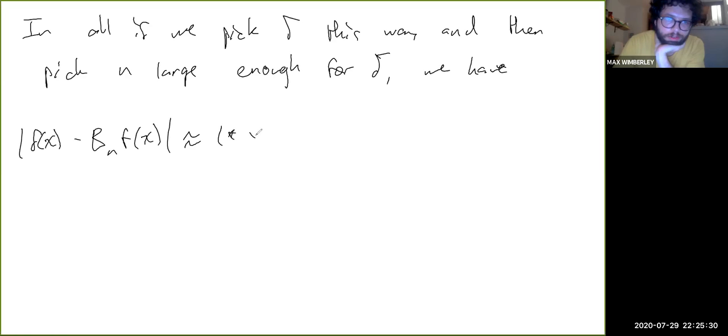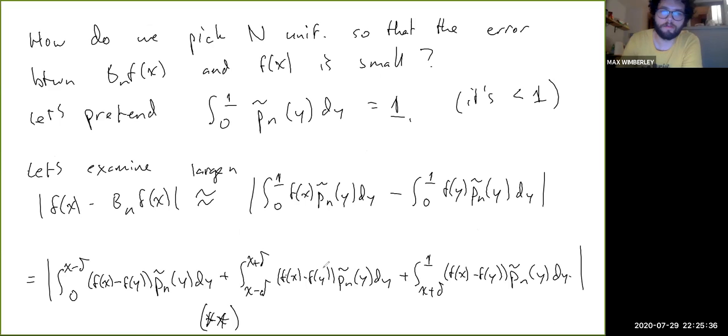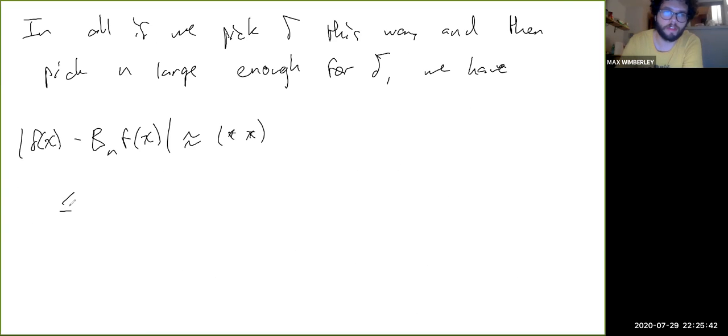Approximately star star, which then is less than or equal to, by the triangle inequality, right? If we apply the triangle inequality to this, we just get 3 integrals. So less than or equal to the integral, well, actually we can do the sum.